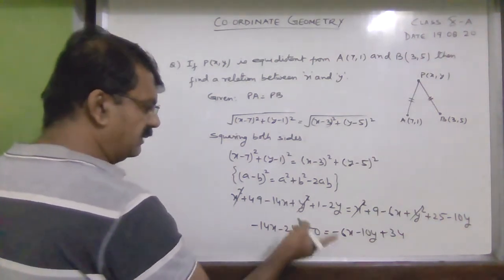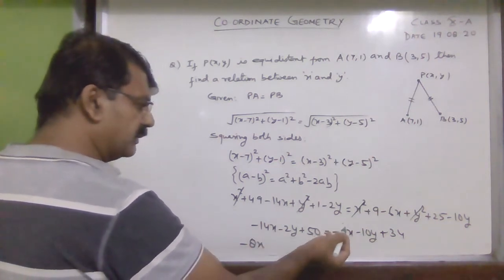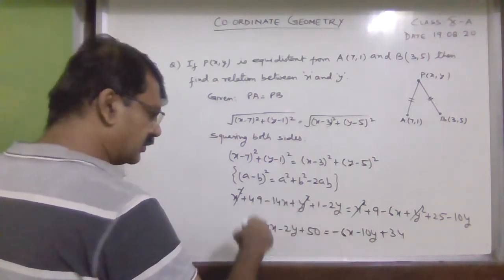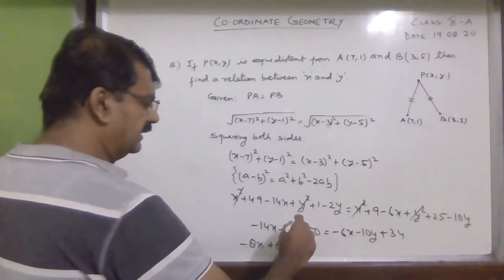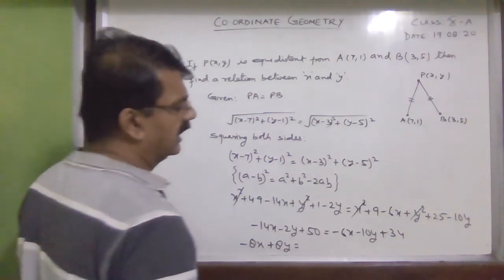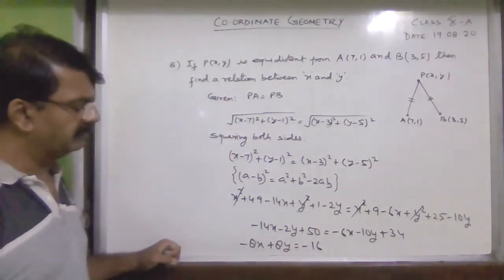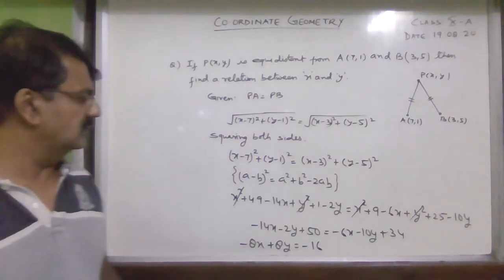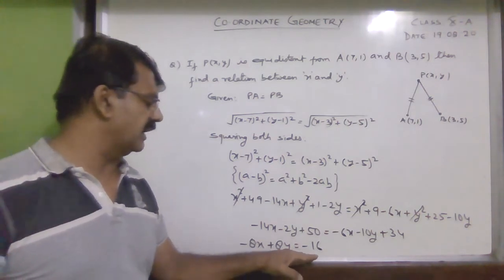So minus 14 plus 6 will be minus 8x. Then you bring minus 10y to this side. So 10y minus 2y is plus 8y. And shift 50 to that side. 34 minus 50 will be minus 16. Okay? Clear? So minus 8x plus 8y is equal to minus 16.